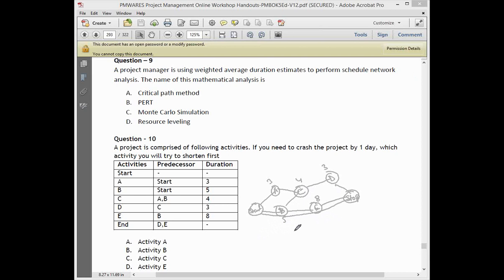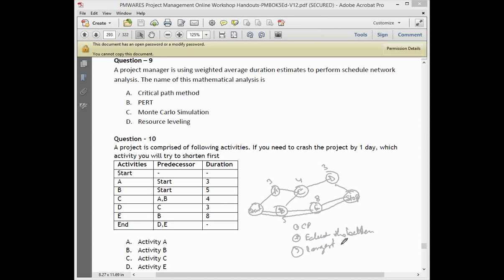Okay, let me tell you some principles of crashing. First of all, it should be on the critical path. First preference. Crashing an activity that is not on the critical path has no meaning. Second, the earlier the better. Why the earlier the better? Because whatever repercussion there is, we still have time to manage it. Third is the largest.